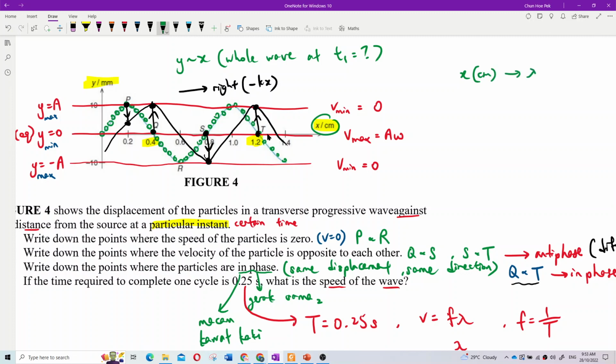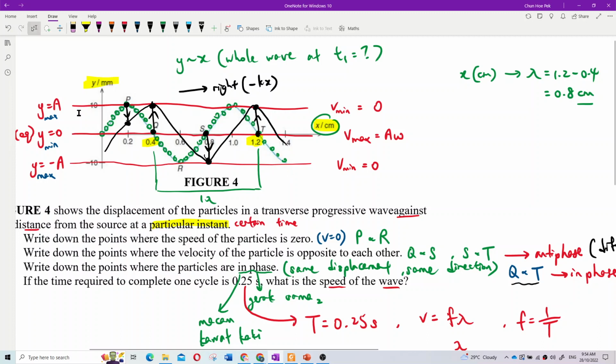Lambda dia ialah 1.2 minus 0.4. That is 1 lambda. From here to here is 1 lambda. So berapa tu? 1.2 minus 0.4 berapa? 0.8 centimeter. Unit dia centimeter.